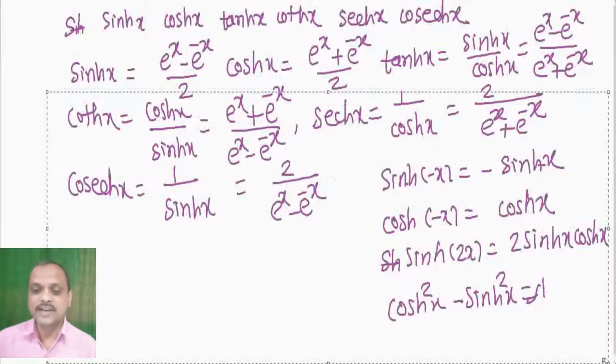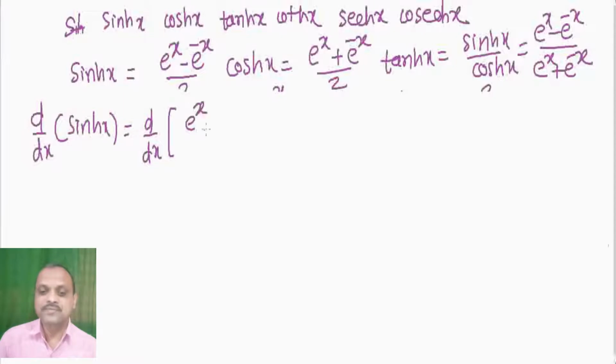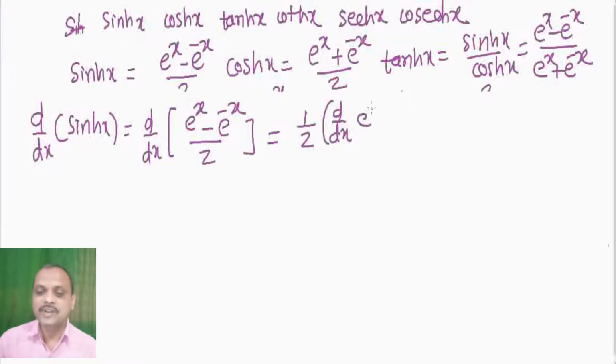As we have defined sinh x equal to e raised to x minus e raised to minus x divided by 2, the derivative d by dx of sinh x equals d by dx of e raised to x minus e raised to minus x divided by 2, and we can write it as 1 by 2 into d by dx of e raised to x minus d by dx of e raised to minus x.